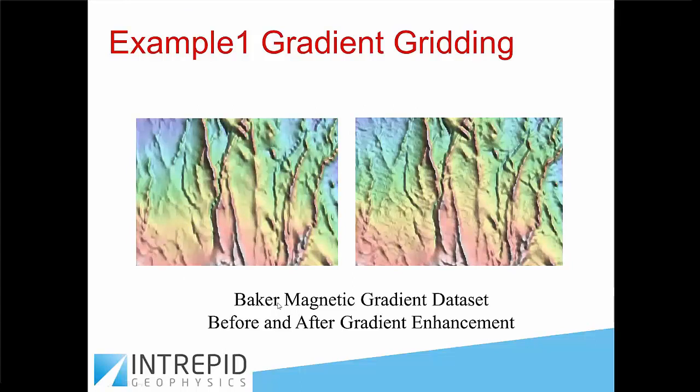It's the Baker data set. It's an Australian example, and in particular I invite you to look at some of the features that are more at a right angle. So if you pick up that feature there, you see the dots there without the gradients. As soon as you bring the gradients in, that feature straightens out and gets a nice edge to it, and you can see that's repeated quite often between the left and the right hand side.